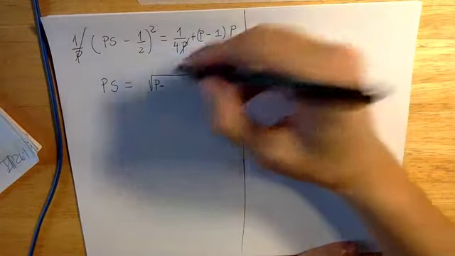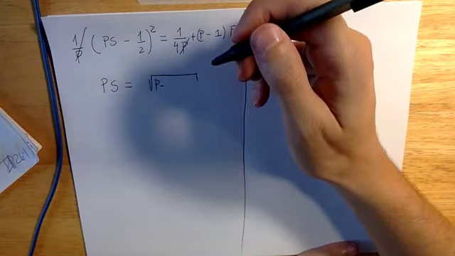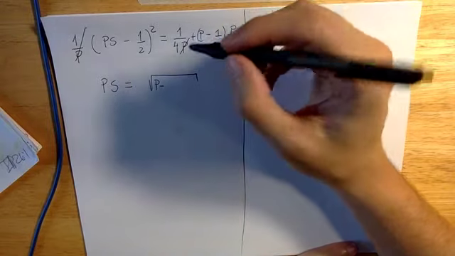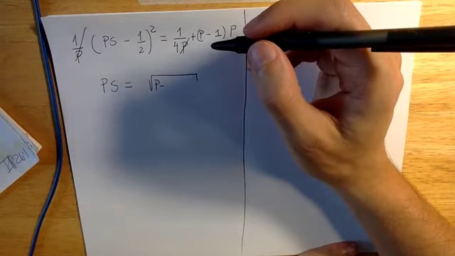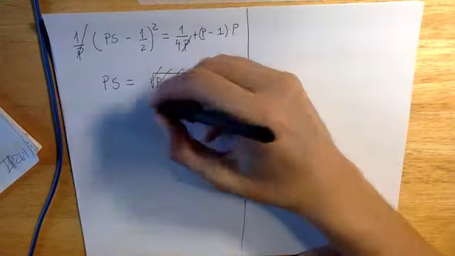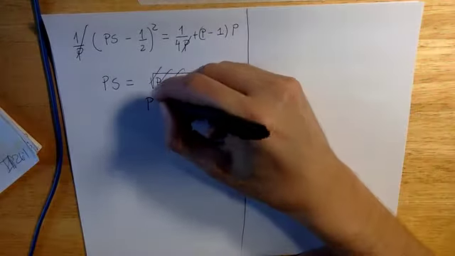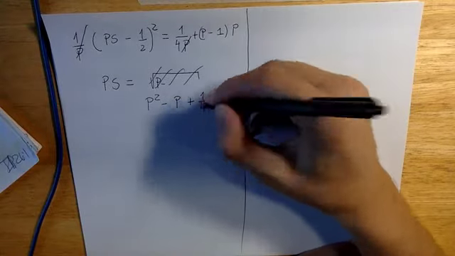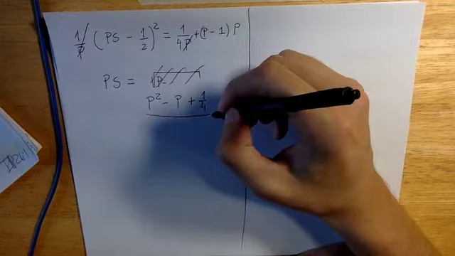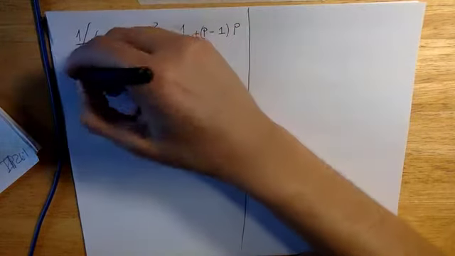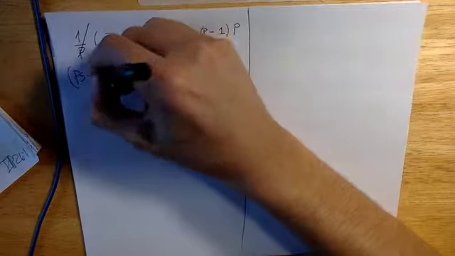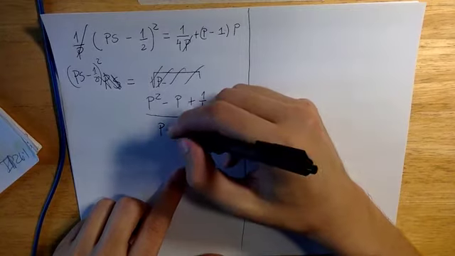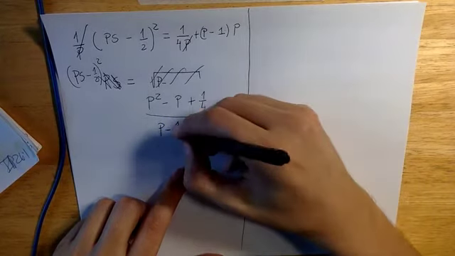Okay, so this is p minus 1 minus 1/2. So let's try to get this thing here. This side is p squared minus p plus 1/4, which is exactly (ps minus 1/2) squared. This thing here is exactly (p minus 1/2) squared.